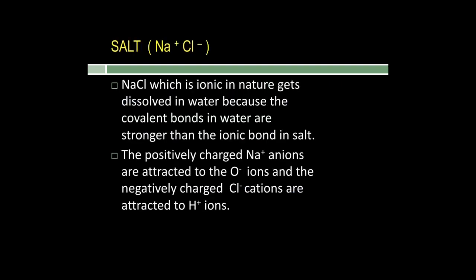If you are adding NaCl, a highly soluble impurity like the domestic salt we use in the kitchen, we know that whenever we add salt into water, the salt gets dissolved. This is because the covalent bonds in the water molecules are fairly stronger than the ionic bonds in the salt, NaCl. So the positively charged Na+ ions are attracted to the O- ends, and the negatively charged chloride ions are attracted to the hydrogen ends of water.